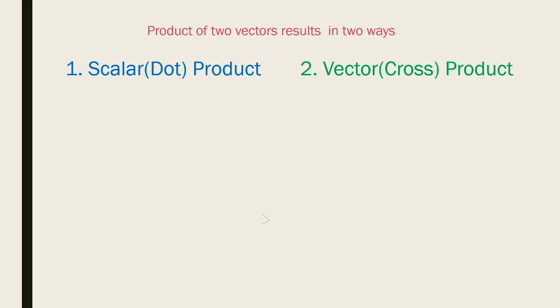Okay, dear students, let's get it done here. Why do we call it a scalar product or dot product? Why do we call it a vector product or cross product? And what difference is there between these two? Let us start with the scalar product. Very simple, I'll make it clear.